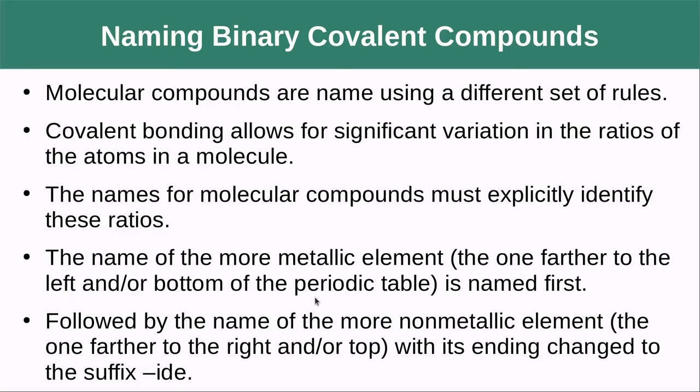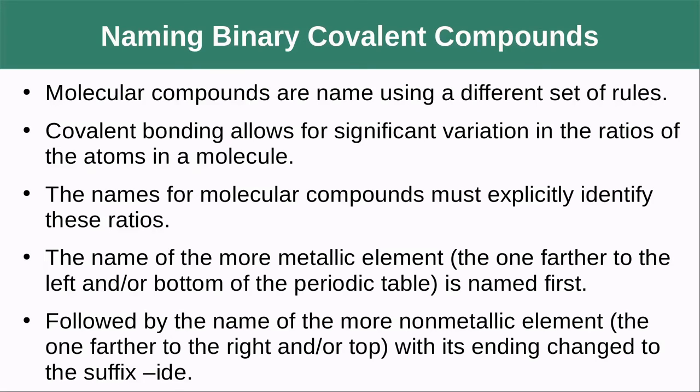So molecular compounds are named using a slightly different set of rules. Basically, there are a lot of different combinations. So we're going to give pretty much all of the atoms a Greek prefix.